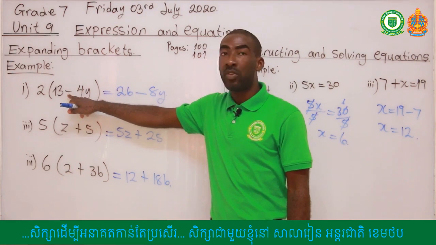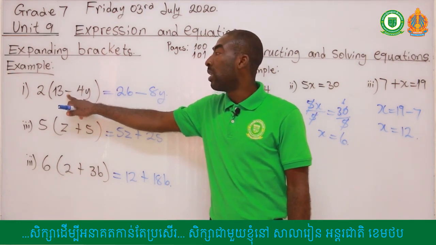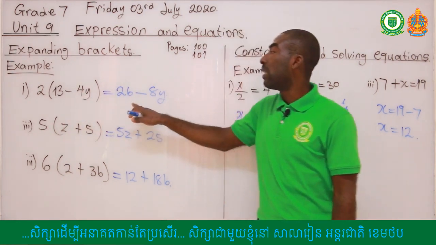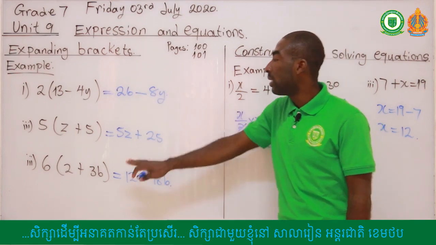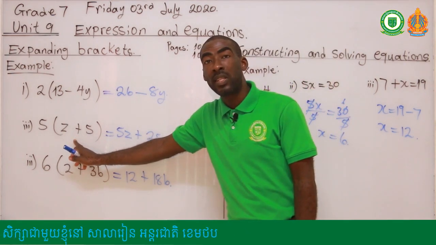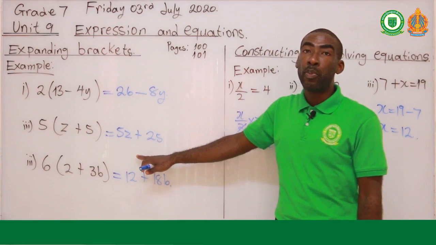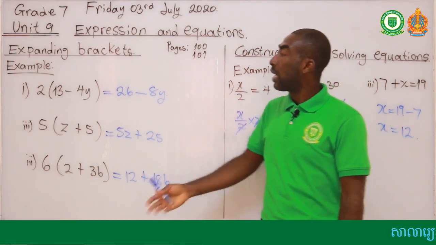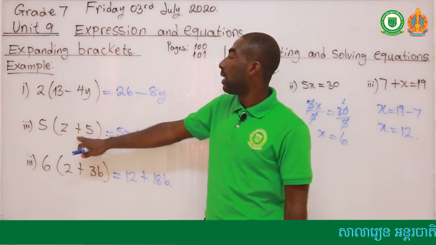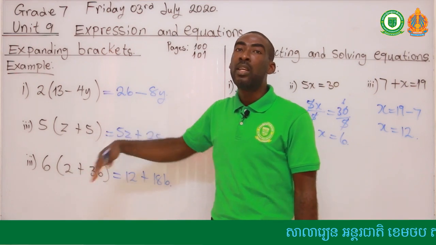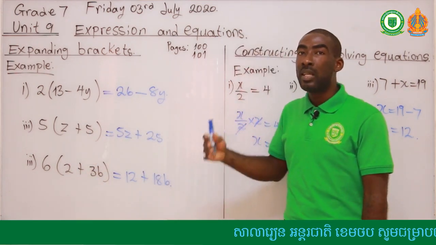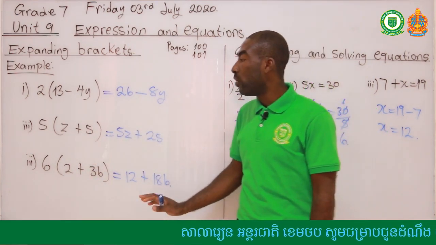But the sign does not change. You should always make sure that your sign will not change. If it is a negative sign, you maintain the negative sign. If it is a positive sign, you maintain your positive sign. It can also be a multiplication sign or a division sign inside. You still have to maintain that particular sign that you see there.